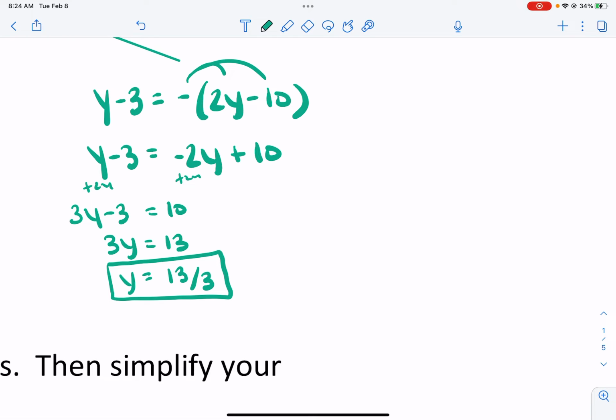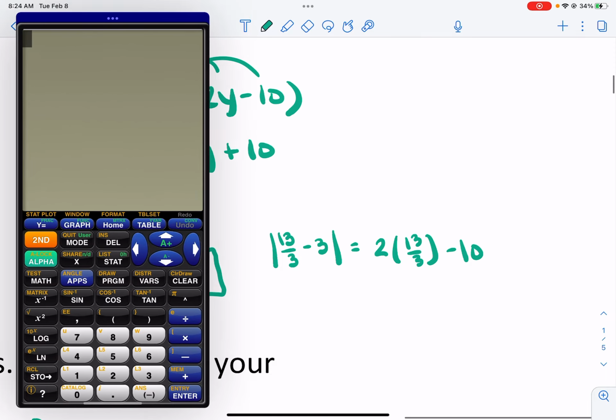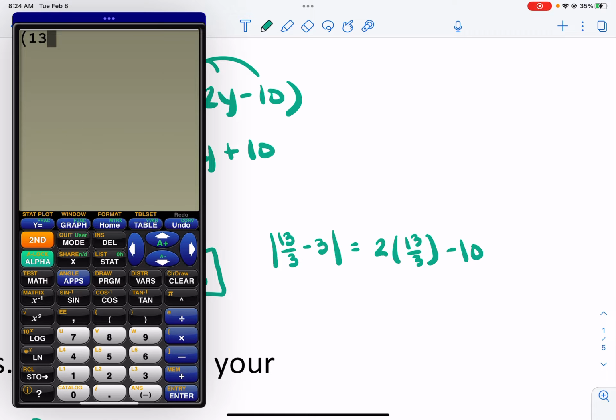So we're going to plug it back into our original equation. So 13 thirds minus 3 equals 2 times 13 thirds minus 10. All right, so in our calculator, one thing that you can always do is take 13 divided by 3 and then minus 3.